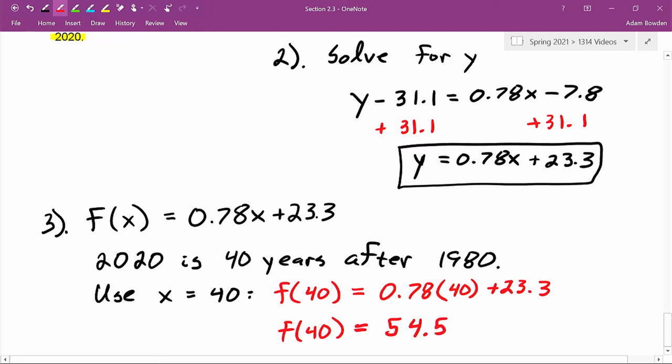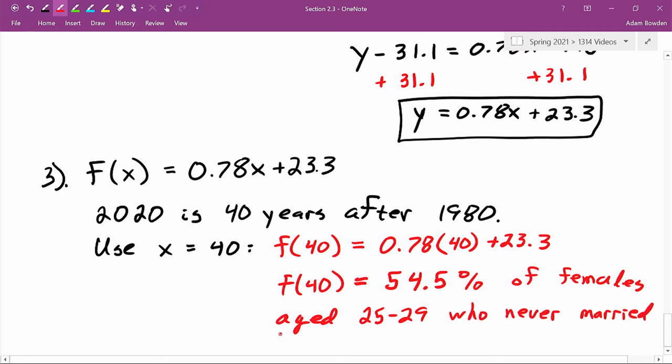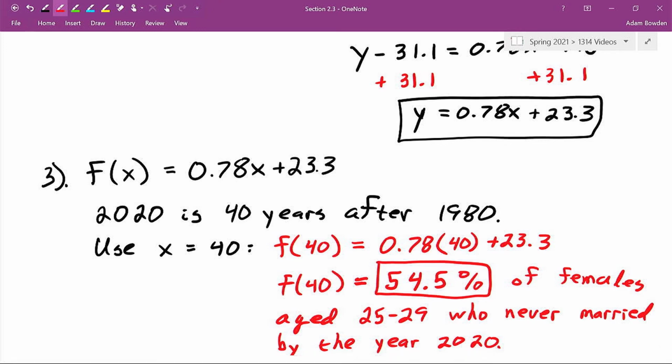And for our function, that tells us a percentage, so 54.5% of females aged 25 through 29 never married by the year 2020. We're making this prediction based again off the linear trend of the straight line passing through those 2 points, using the equation of the line created by using those 2 points in the slope formula and in point-slope form.